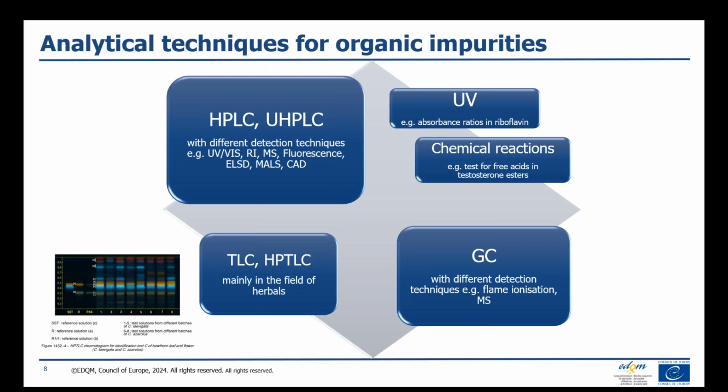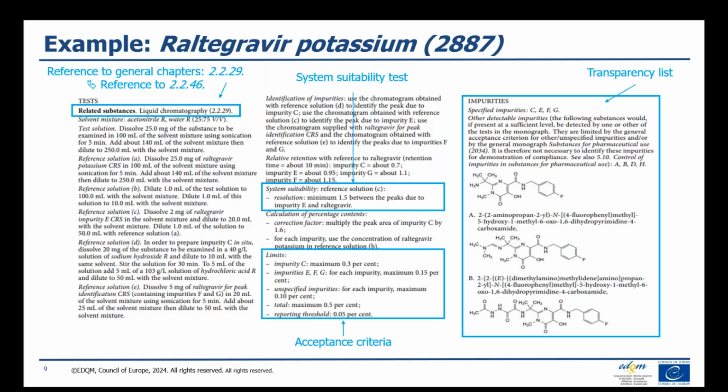So here on the screen, you can see an example of a classical LC monograph. It is a monograph on raltegravir potassium, which was recently elaborated. First of all, you can see at the beginning of the test that you have a reference to the general chapters.